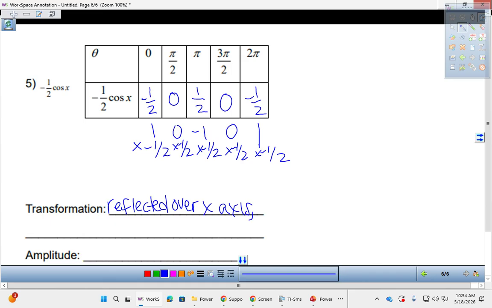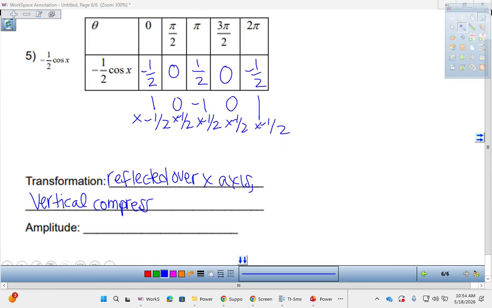And then the 1/2 does a vertical compress. You need to write the word vertical because tomorrow I'm going to show you what a horizontal stretch and compress is, and that's different. So you need to make sure you write the word vertical. So it's a vertical compress by a factor of, but you can just say of. You don't have to write all this part out.